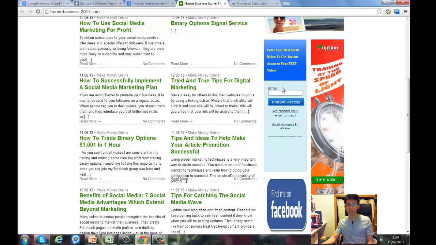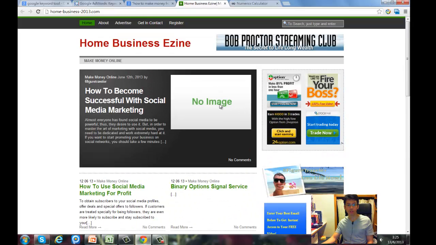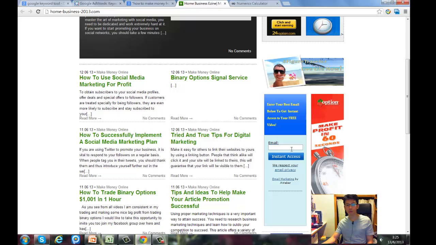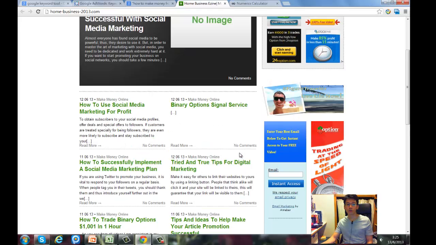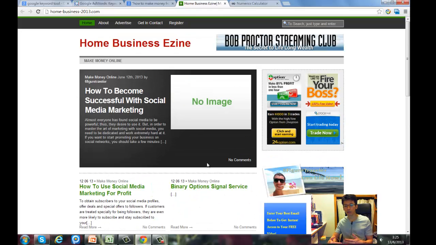Okay, you can see that here it has a place that allows you to enter your email, and you will get the information from these e-zines here. And this is the way for the e-zines to collect their subscribers' emails.